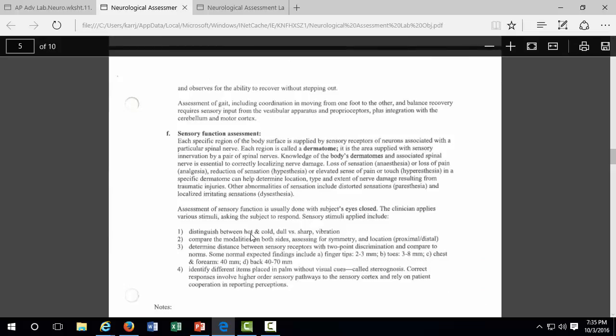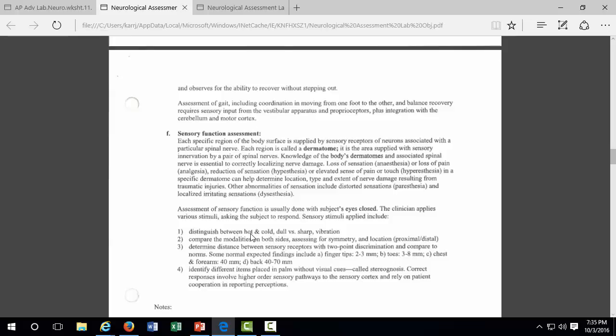So we can look at temperature, hot and cold, that's one type of sensation that's different than dull versus sharp, and vibration. So when you tap a tuning fork, it vibrates, and we can put that on the surface of the skin and ask them if they can detect vibration or no vibration. So that's one thing that we can check.